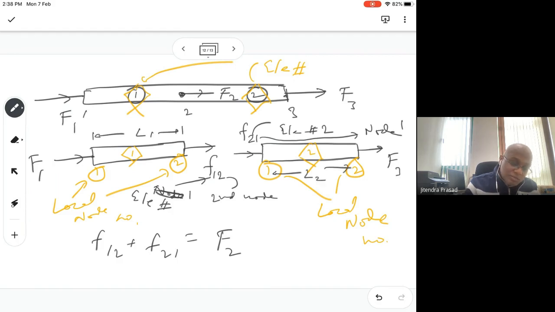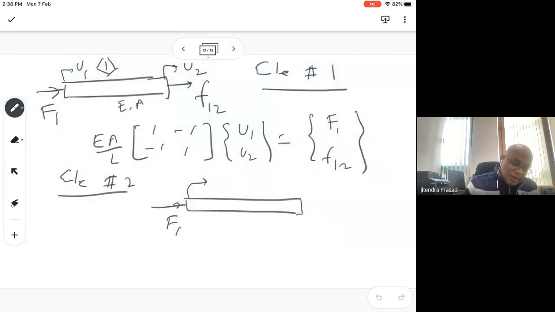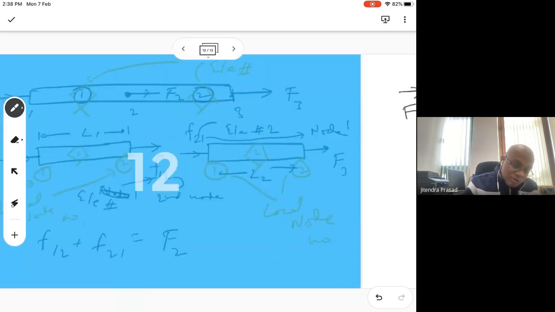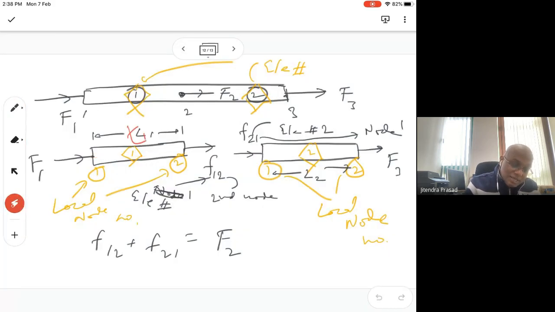So you have E over L1, or you can even assume from here to here E is different, L is different. You can also assume that from here to here L1. Why not? So from here to here we have E1 and A1. From here you have U2, A2, and the length is L2 that we have mentioned.